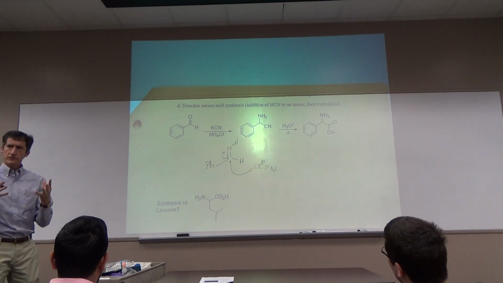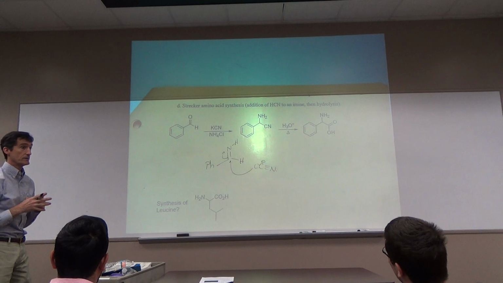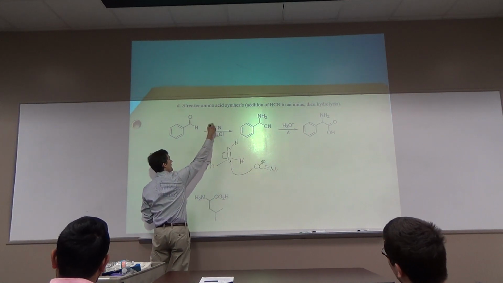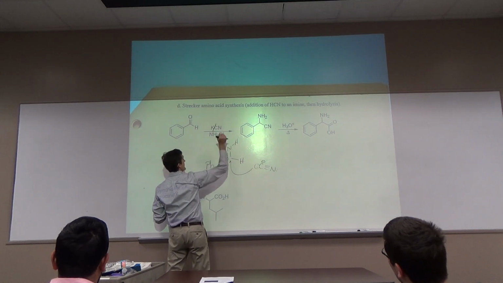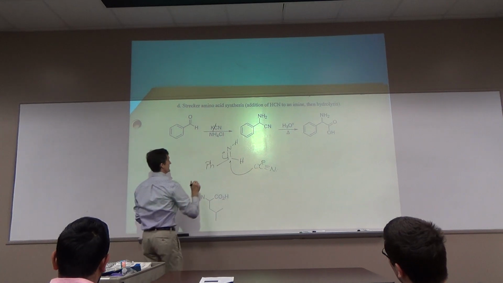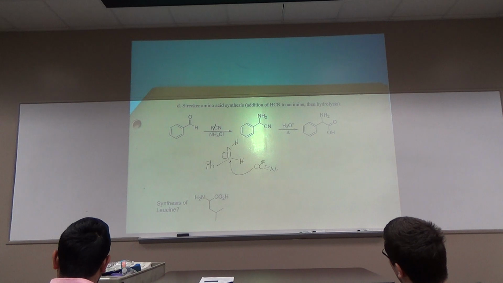Like I said, the next few reactions, we're going to see imines and hydrazones as intermediates. Imine here. First off, what do we have here? Well, we got cyanide. You got a cyanide source. Ammonium chloride. You could just use ammonia. But ammonium chloride's a solid. It's easier to use. Ammonia is a gas.